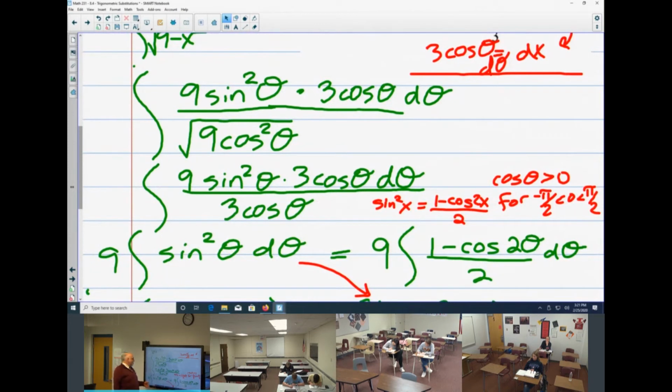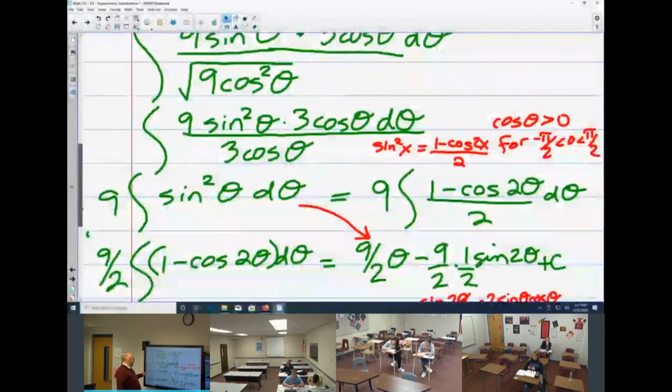Okay, now we've actually integrated sine squared before. So we did it with the power reducing formula. So you might have that written down someplace, but if you use the power reducing formula, it just comes out to be 9/2 theta minus 9/2 times 1/2 sine 2 theta plus c. I've actually shown the steps up here if you forgot the integration of sine squared.